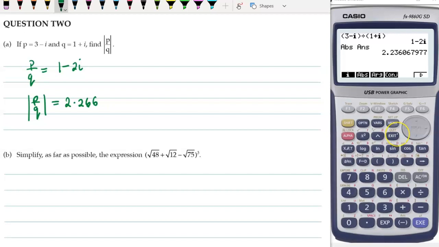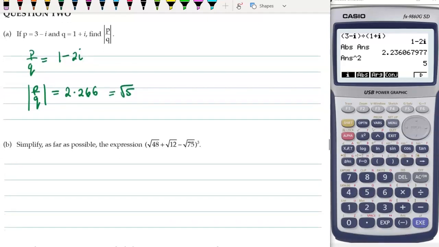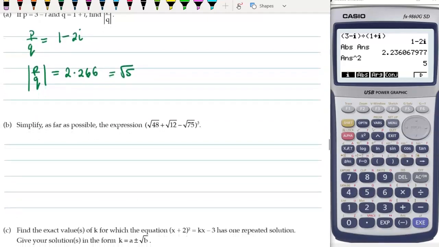So if you needed to show it as an exact answer, let's just square it and check what it gives us. It's the square root of 5. Now you probably don't need to express it like that as an achieved question, but it's there as an option if you did come across something like that.